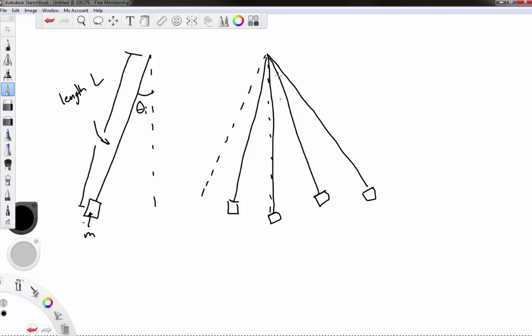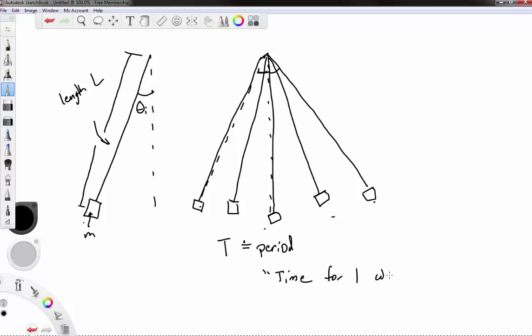This drawing is not quite to scale because in fact this angle and this angle should be the same for the maximum displacement. Then it ends up swinging back, duplicating each of these, and eventually it ends up back over here. And as soon as it gets back over here, the amount of time that it takes to have swung from here over to here and then back, that is one period. So we represent that with a big T. So big T represents period, and that is time for one whole swing.